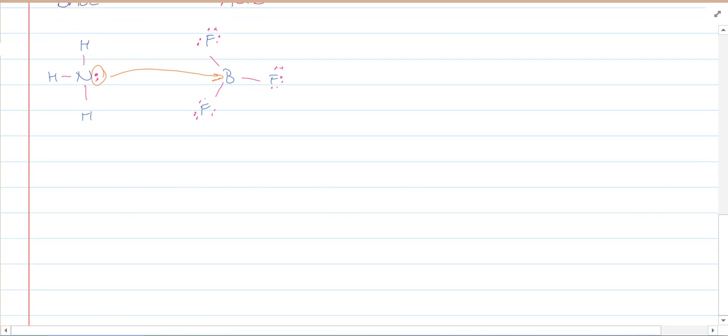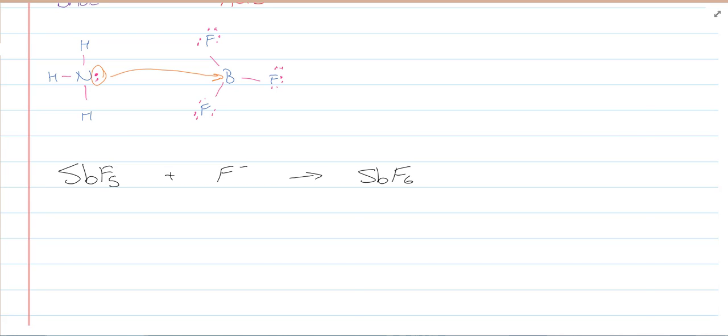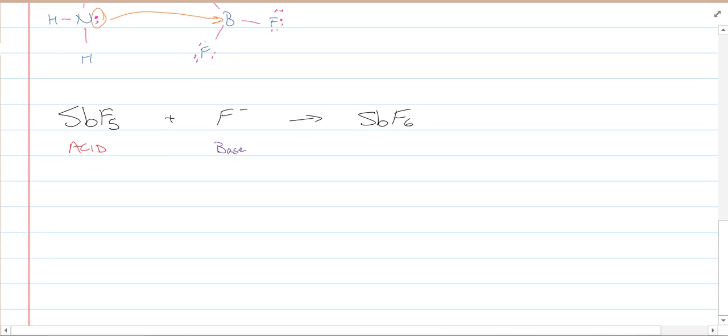Another one. SbF5 plus fluoride going to SbF6 minus. What do we got? Well, SbF5 would be the Lewis acid. Fluoride would be the base. And how do we know that? Well, antimony pentafluoride.